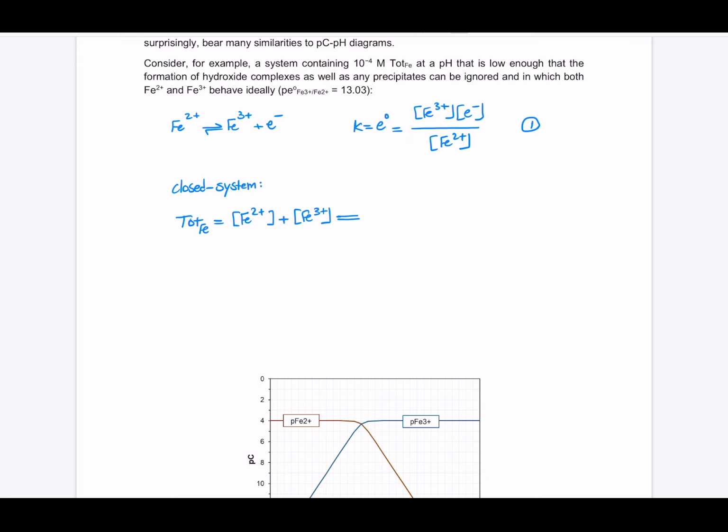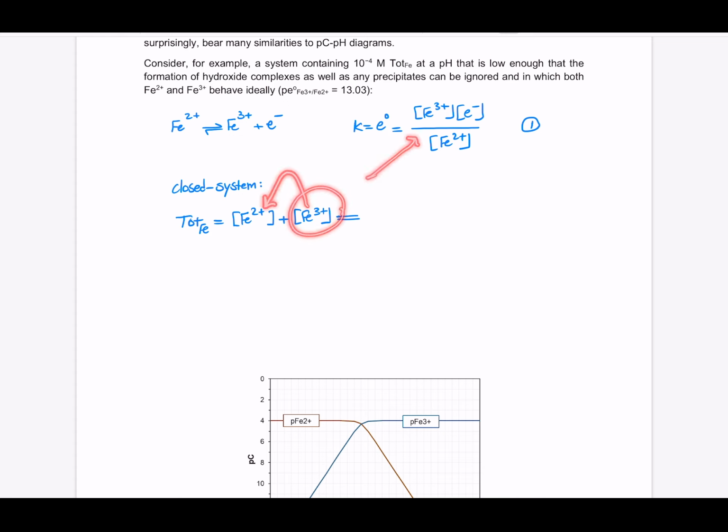Now, what we did for example with complexation or acid base, where this was the core relationship, was converting one of the species concentrations to the other one. And we rely on this one. Let's say we go with Fe2+. So we need to convert Fe3+ to Fe2+.